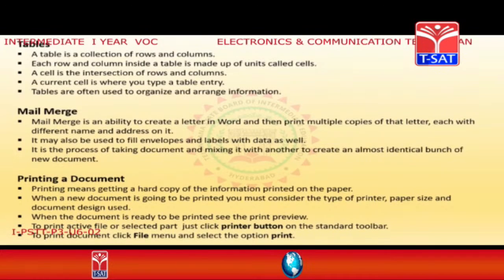When the document is ready to be printed, see the print preview. To print the active file or selected part, just click the printer button on the standard toolbar. To print a document, click the file menu and select the option print.